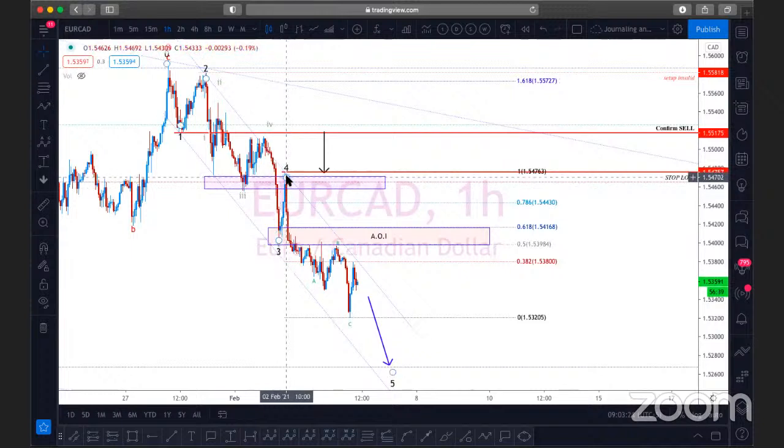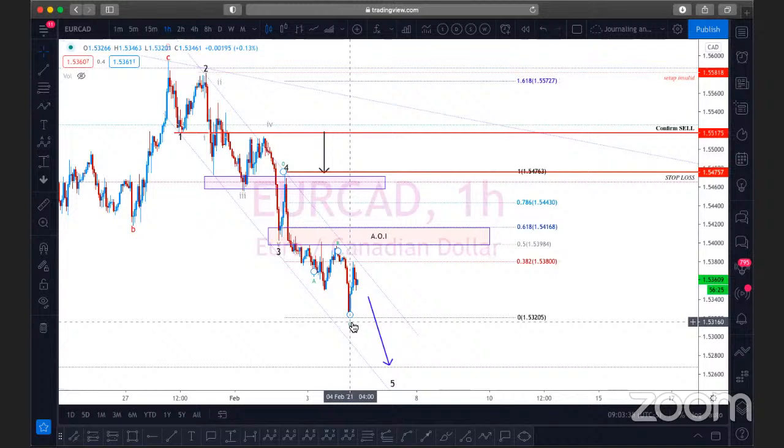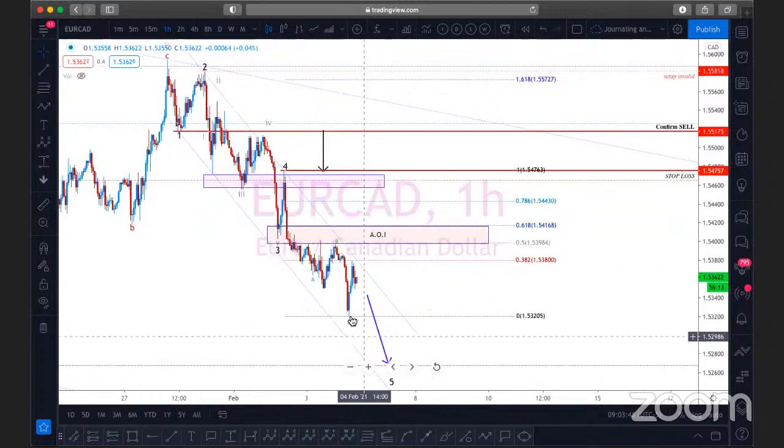We have wave 4 in there. And what we have is this as an A, B, C, right? And this could potentially be wave 1 of that ending diagonal. And we're looking now for A, B, C to potentially give us wave 2, and so on and so forth.